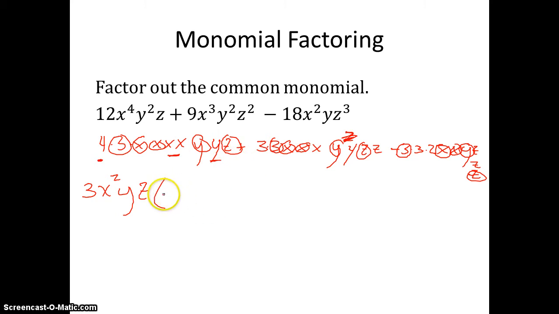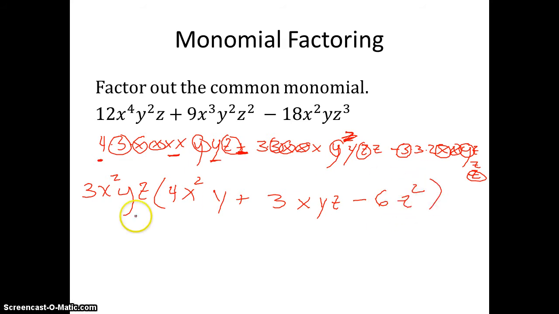I'm working on limited space here, so 4, I have an x squared, a y, don't forget your plus 3, x, y, z, minus 3 times 2, we can put that back as 6, z squared, it looks like, yes.